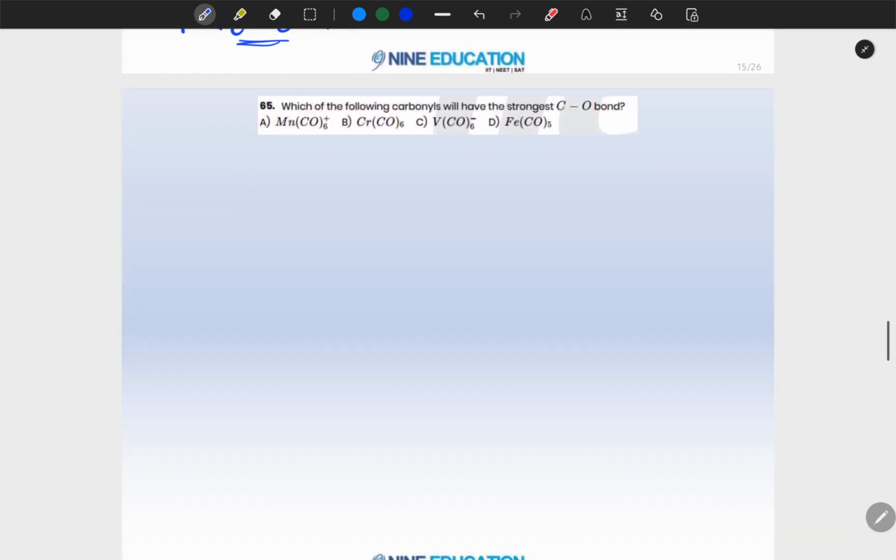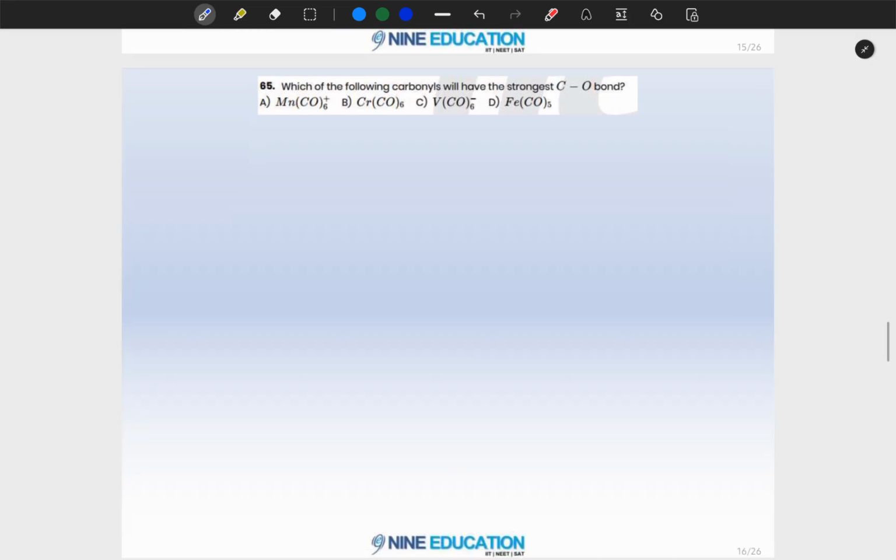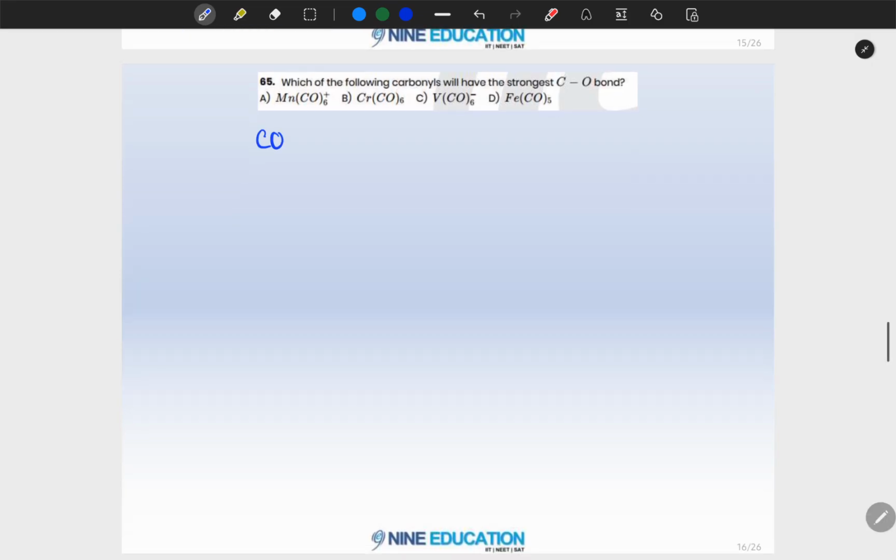Which of the following carbonyls will have the strongest CO? Now in case of carbonyl ligand, in the first step, there will be ligand to metal sigma bond, right? And in the second step, there will be metal to ligand pi bond, synergic effect, right?